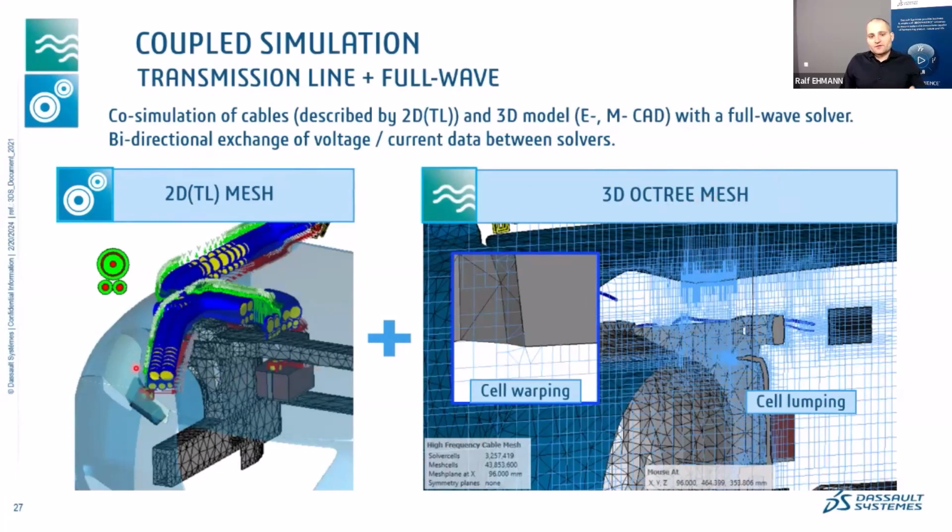All the fields generated and results obtained by the cable solver now have to be passed to the 3D mesh, where we take the cable voltages and currents and imprint them to the 3D mesh. So the fields will be imprinted to the 3D mesh around the cable positions.